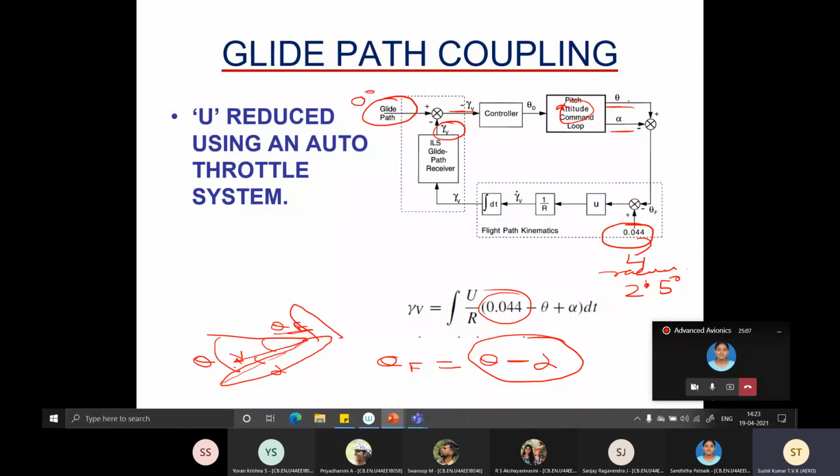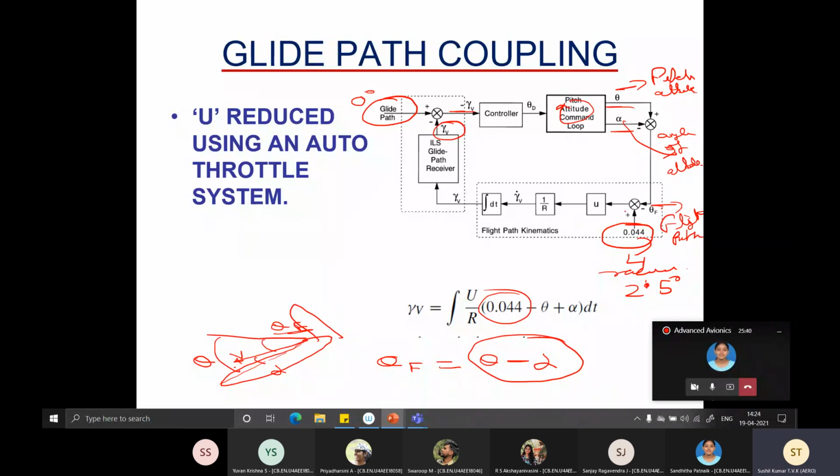So you have theta minus alpha, that is theta f. This is your pitch attitude, this is angle of attack, so theta minus alpha is nothing but the flight path angle. So there's a change in flight path angle.